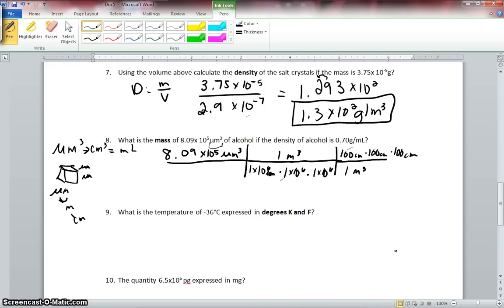So when calculating this, to make it a little bit simplified, we can go 8.09 times 10 to the fifth. We know that 1 times 1 times 1 is just going to give us 1, and then 6 plus 6 plus 6 is going to give us times 10 to the 18th.